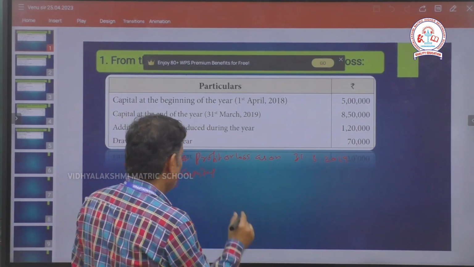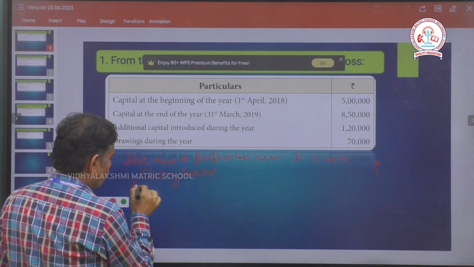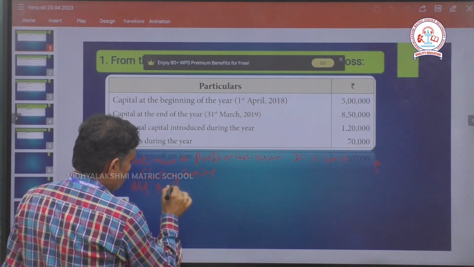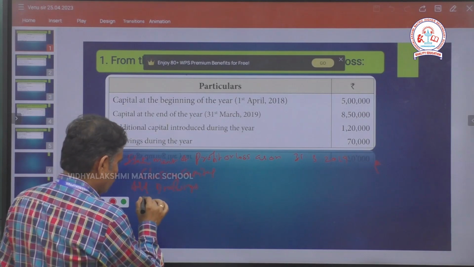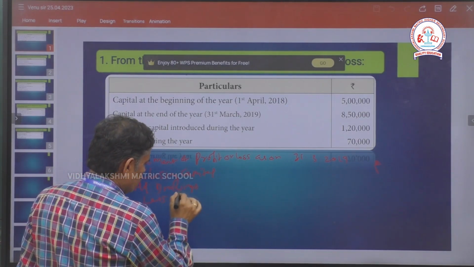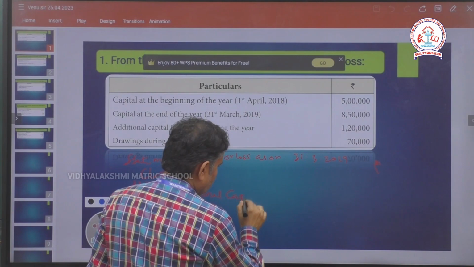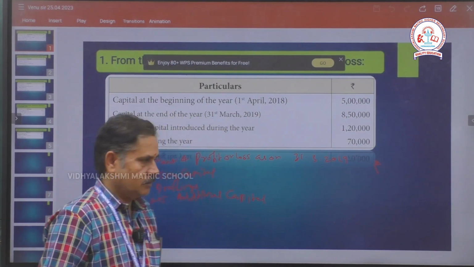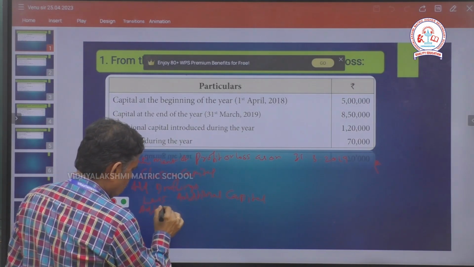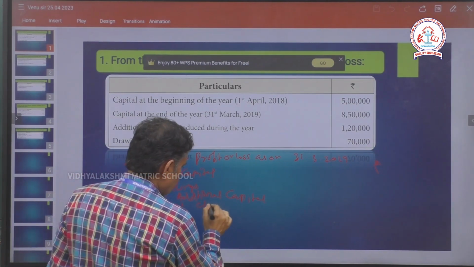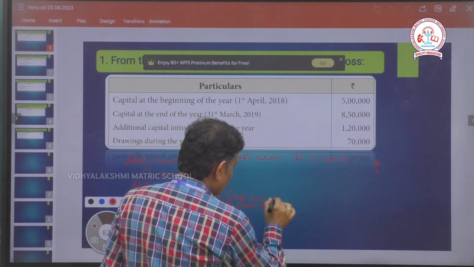Closing capital, then add drawings, then less additional capital. After that, we find out the answer, called here adjusted closing capital.